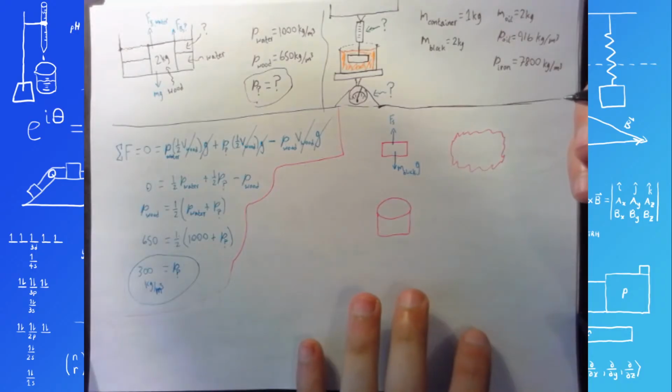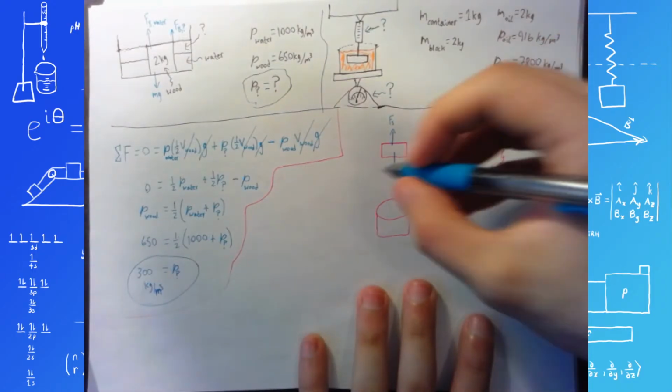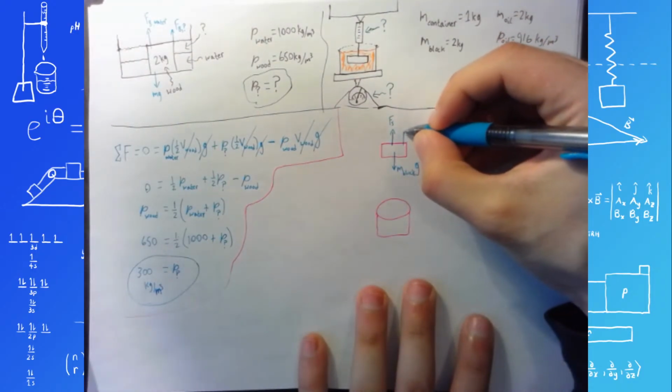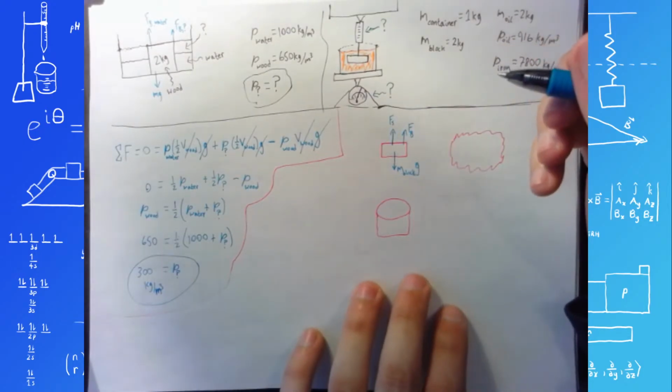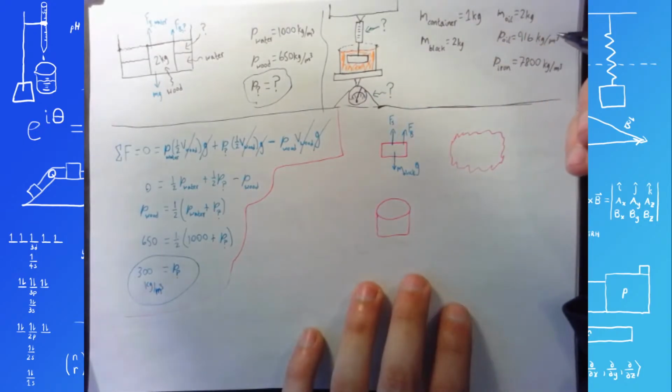And we have a buoyant force due to the oil exerted upward, so F buoyant. And I think that is it. Yep, that should be it. I don't see it touching anything else that would apply any force to it.